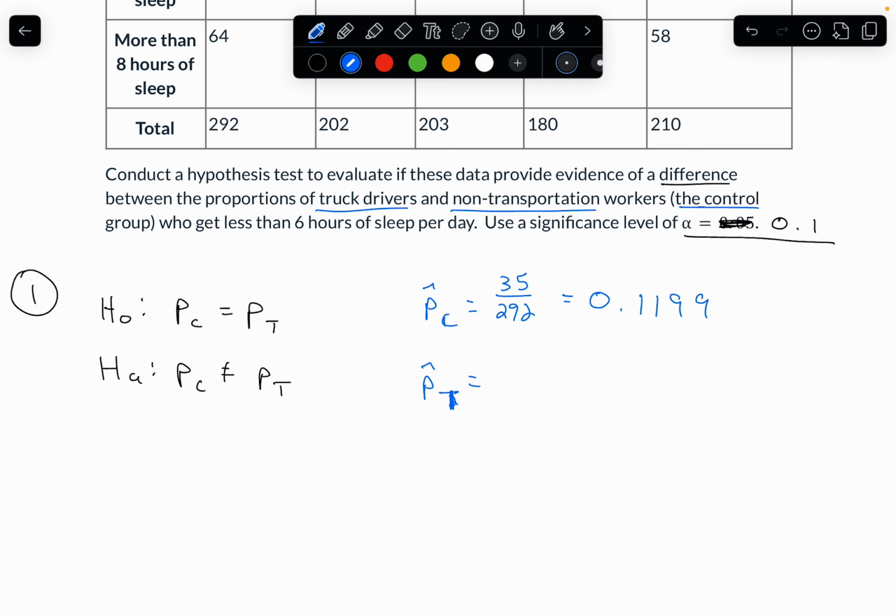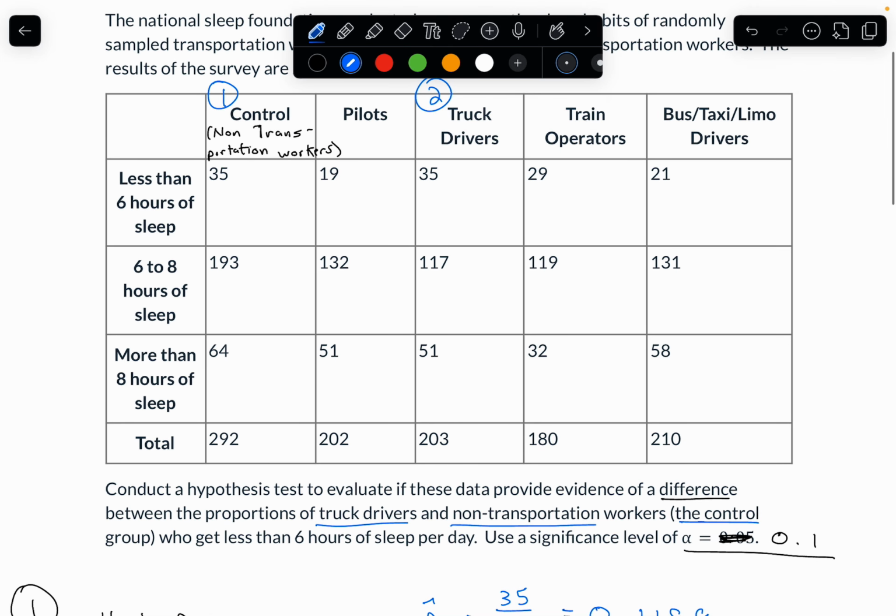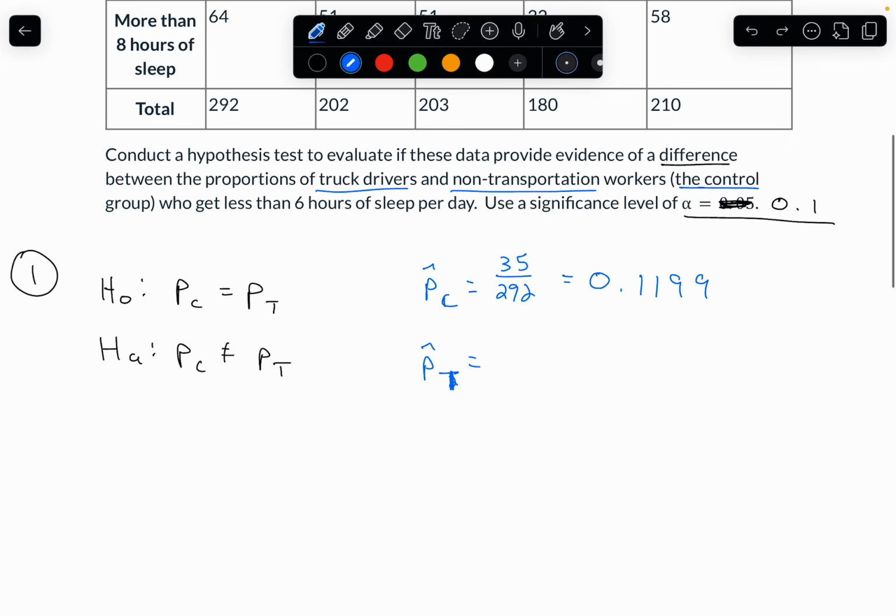And the proportion of truck drivers that get less than 6 hours of sleep, we have, once again, 35 of those individuals and 203 total truck drivers. So 35 divided by 203. If I divide that out, this time I end up with 0.1724. Again, rounding to 4 decimal places.